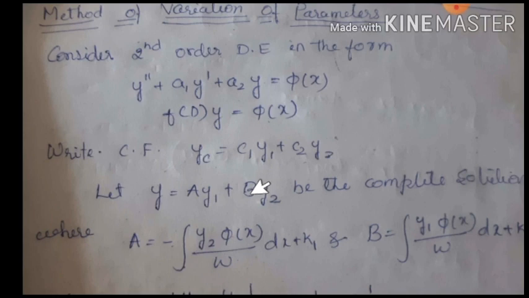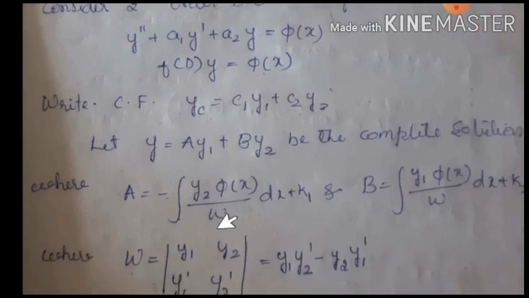There is a simplification to find A and B, but it is not included in your syllabus. You need to learn how to solve different non-homogeneous differential equations by the variation of parameter method. Hence the values of A and B are given directly. You need to remember them as a formula.